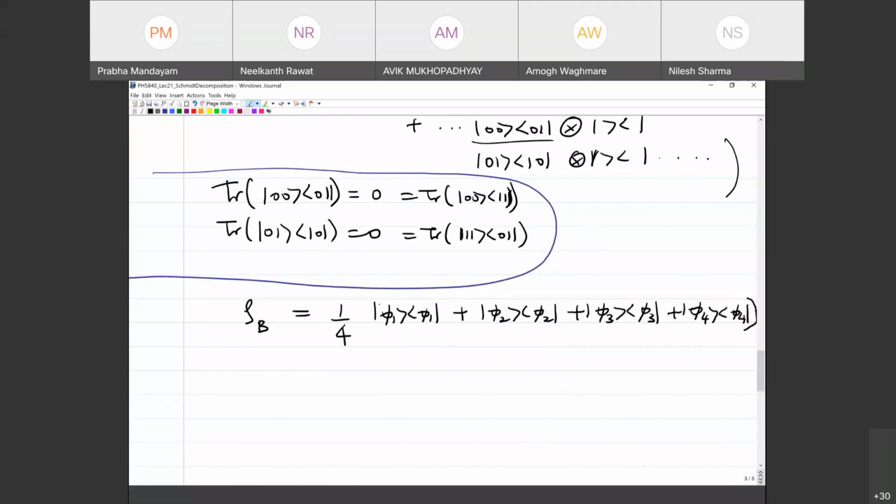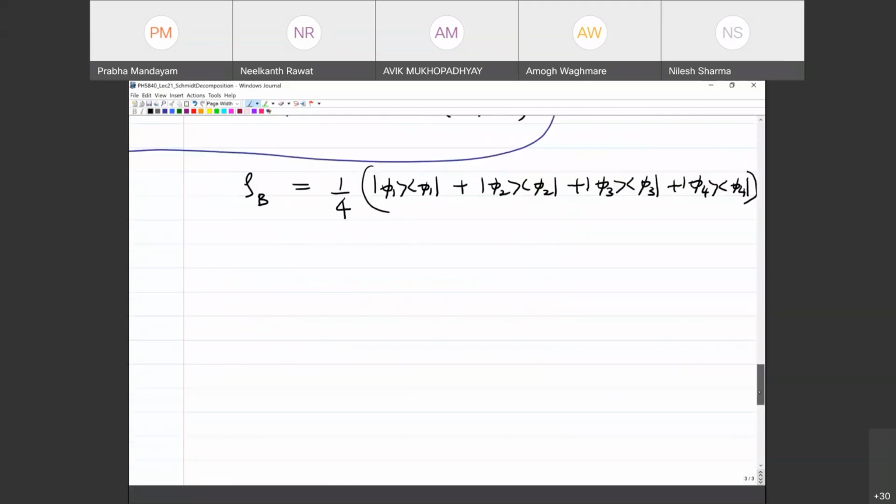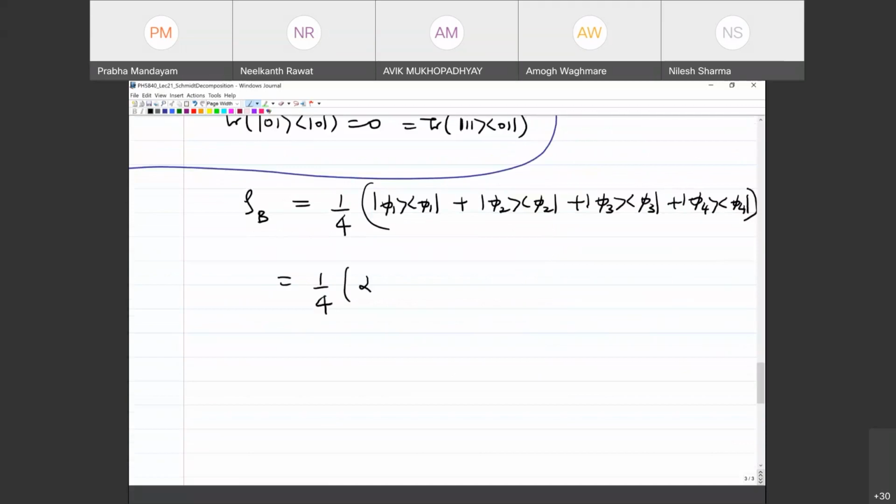Okay, and remember what these four states were. φ1 was α|0⟩ + β|1⟩. φ2 was α|0⟩ − β|1⟩, or α|1⟩ + β|0⟩, doesn't matter anyway. φ3 was α|0⟩ − β|1⟩, and φ4 was α|1⟩ − β|0⟩. Okay, so can someone work out what this outer product turns out to be, and remember to take the outer products now?